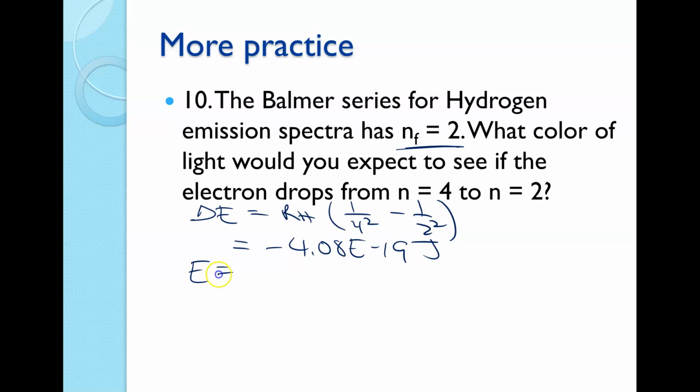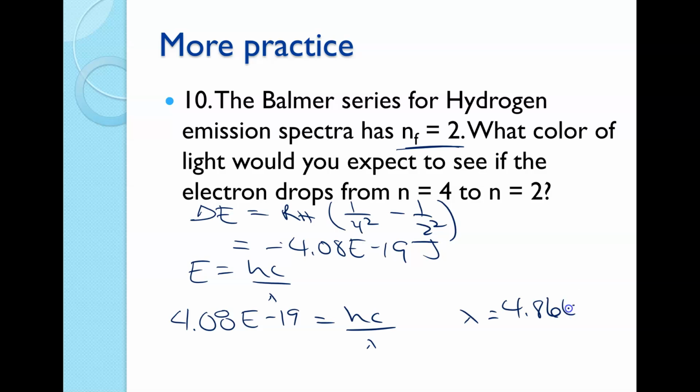To do E equals hc over lambda, we're going to make this positive because all it is the energy associated with one of those photons. That gives 4.86 e to the negative 7 meters. I think if you Google that, you'll find out that it's in the yellow-green spectrum, probably heavier on the green.